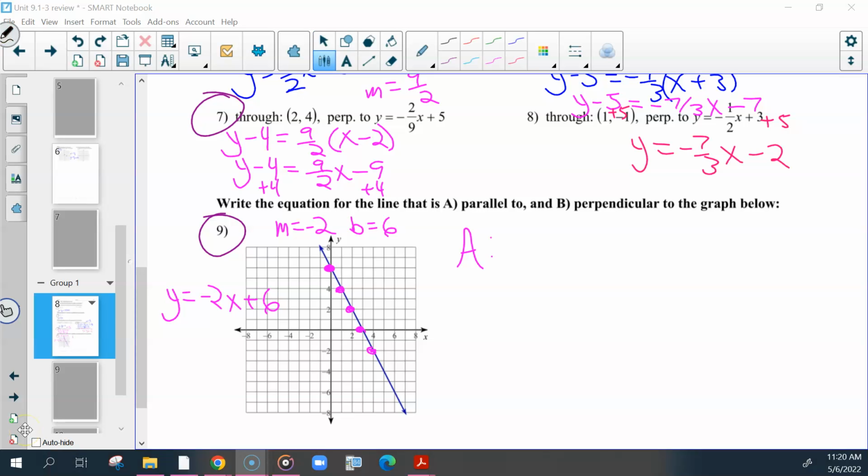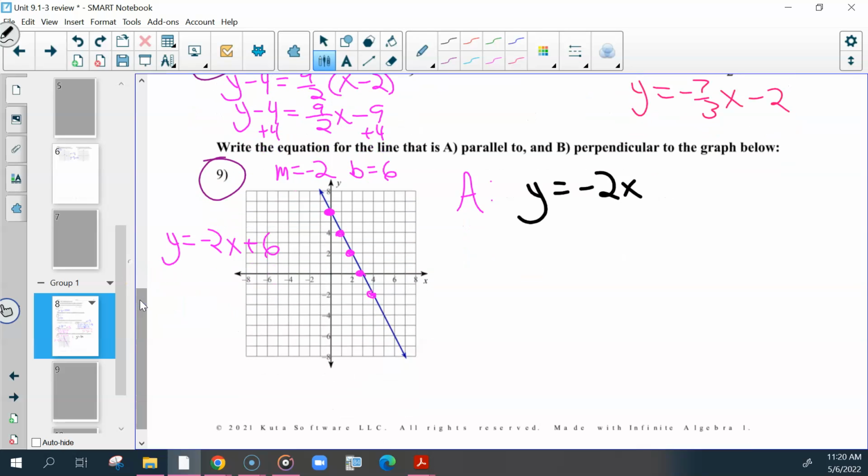Okay, finishing this problem. What would the slope be if we're looking for something that's parallel? Negative 2. So you would write y equals negative 2x, and then you would pick whatever y-intercept you want. It just can't be 6. Let's say 3, 0, negative 6, whatever you want.